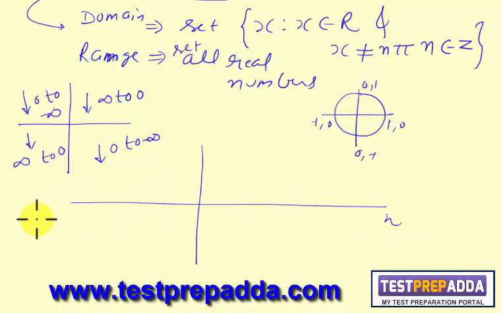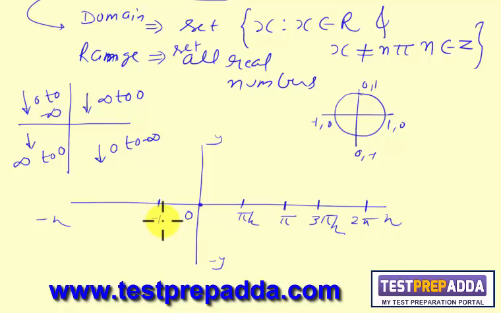So, x-axis x minus x, y minus y, 0. Here pi by 2, pi, 3 pi by 2, 2 pi.